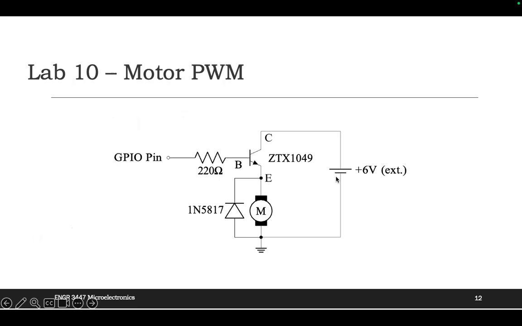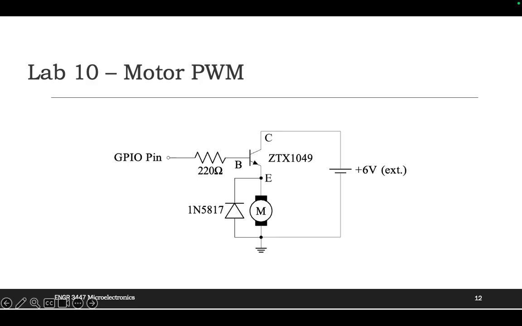Then for lab 10, we tried to use the PWM to control, which means we used the output to control the motor's speed. There are PWM signals, and we used the PWM signals to control the speed of the motor. Do you remember?